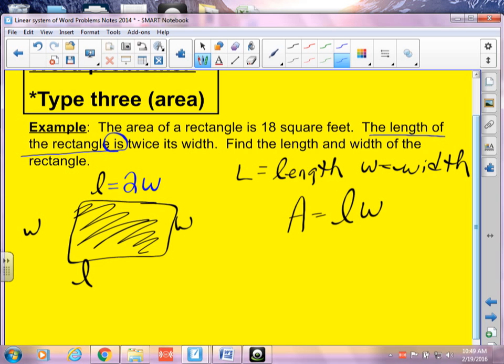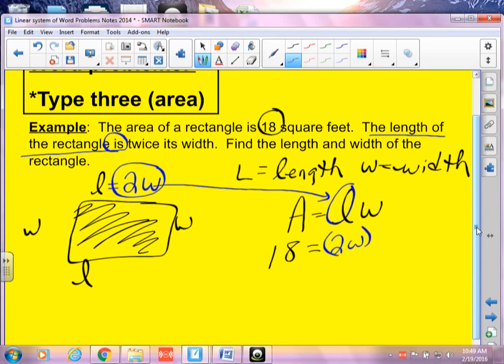Okay, so now follow the area formula. The area they said was 18. So I'm going to go 18 equals, I'm going to take out this L and put in 2W. And then I'm going to have the W on the outside.